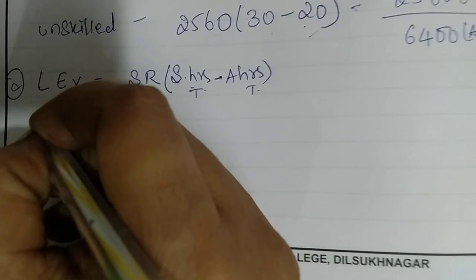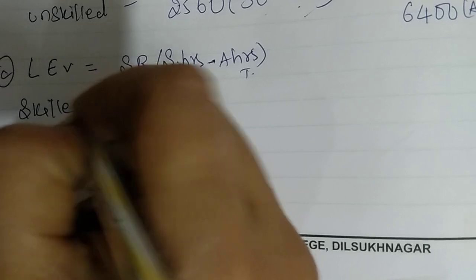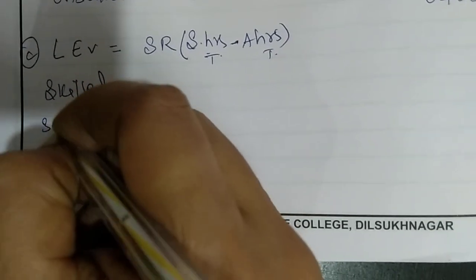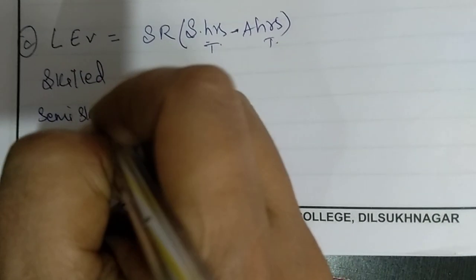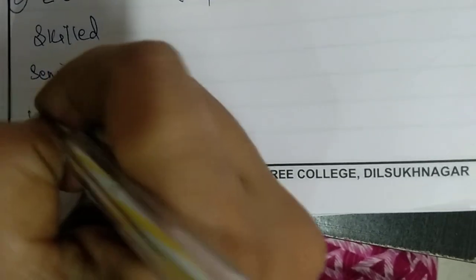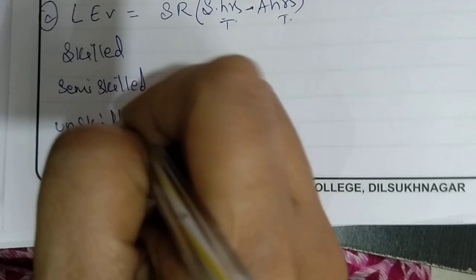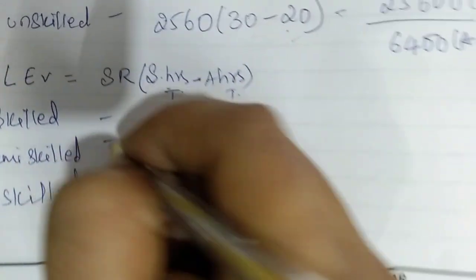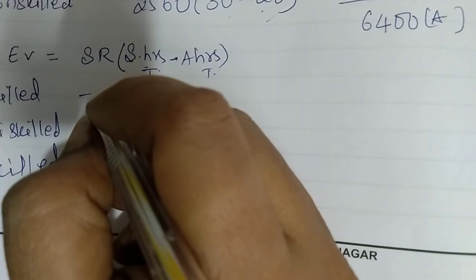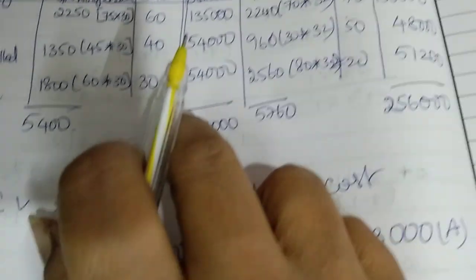So as usual, I have to go again with skilled, semi-skilled, unskilled. For all of them I'm going to use the standard rate. So the standard rates I've got are 60, 40 and 30.